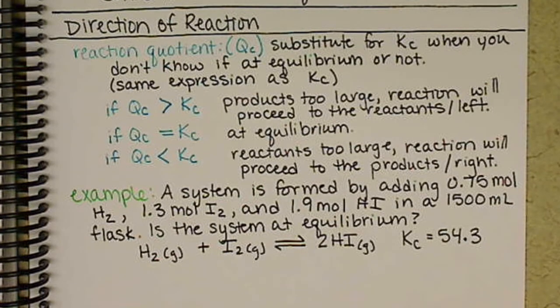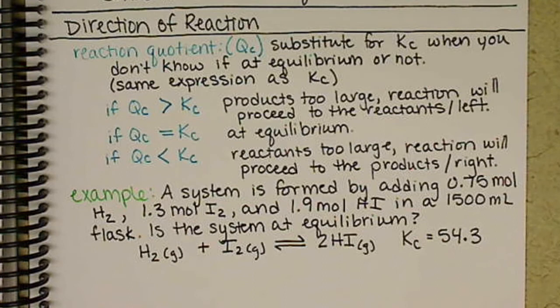We're given some moles of our starting material, and we're putting it into a 1500 milliliter flask. We're asked, is this system at equilibrium? We know Kc for this equilibrium is 54.3.